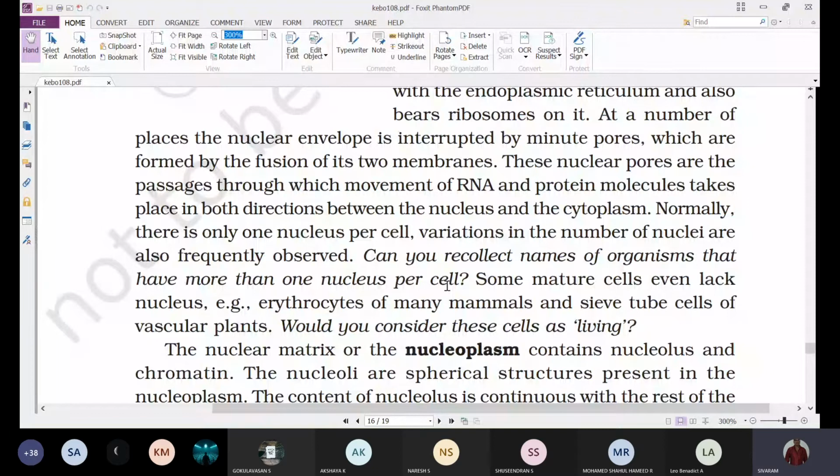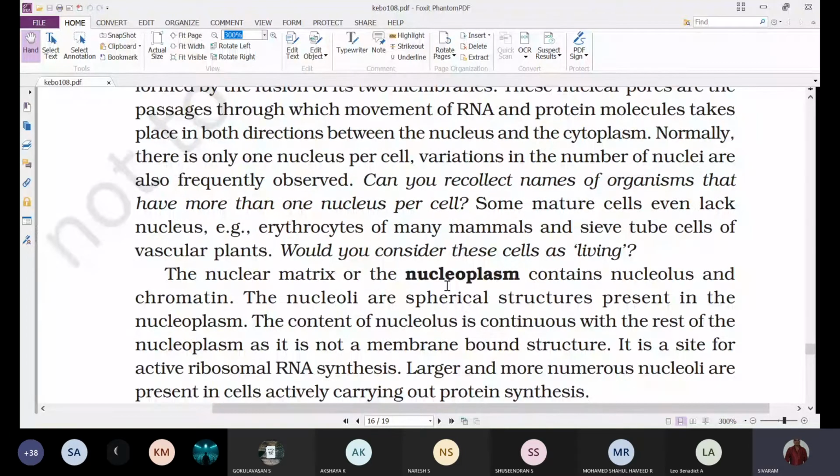Some possess more than one nucleus, but some mature cells even lack nucleus. Some cells are living, but still they do not have nucleus. For example, RBC or erythrocytes of many mammals, and sieve tube cells of vascular plants.